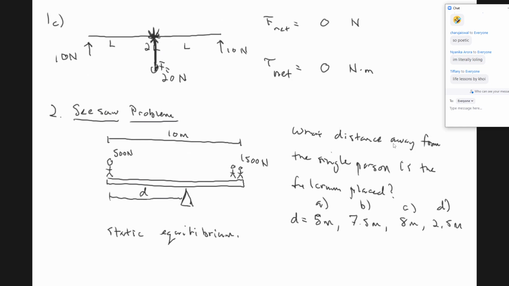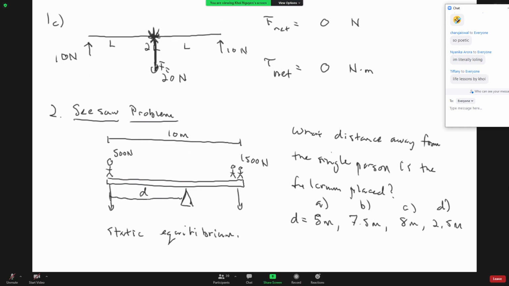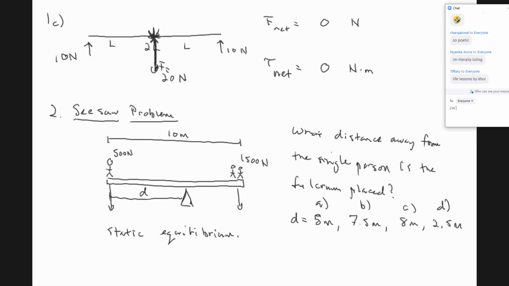So this is going down, and this is going down. Their weights are always going down. So which is causing clockwise, which is causing counterclockwise? Is the single person clockwise or counterclockwise? Good. Counterclockwise. So single person is 500 times D. Perpendicular force times lever arm.